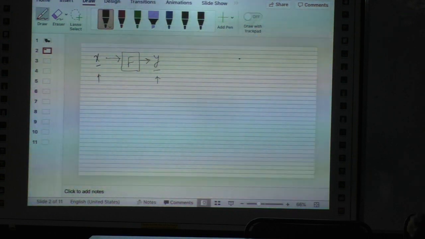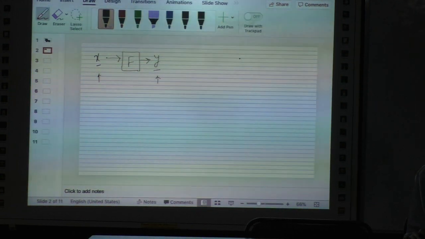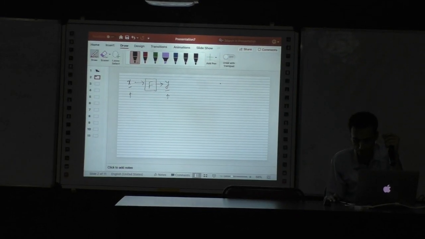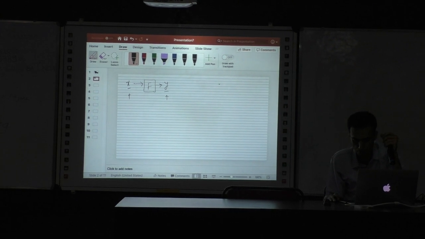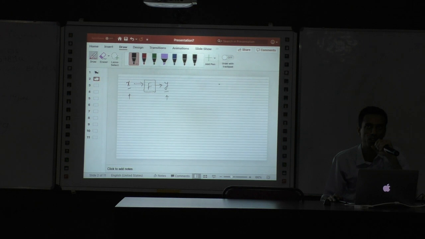We can do a similar thing. Let's say somebody tells me what is the time of the day it is, and I can predict what is the position of the sun, right?